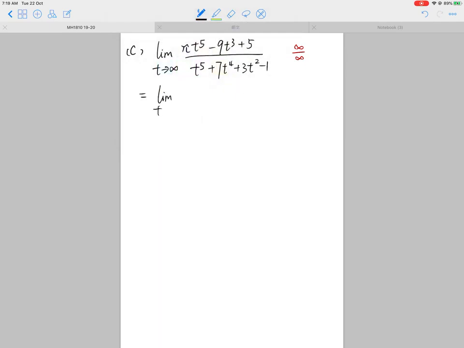Because remember, it's just dividing both sides by the highest power. For this type of question, you just divide top and bottom by its highest power. So it's pi minus this plus this, over 1 plus this plus this.